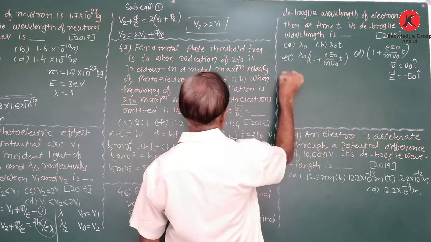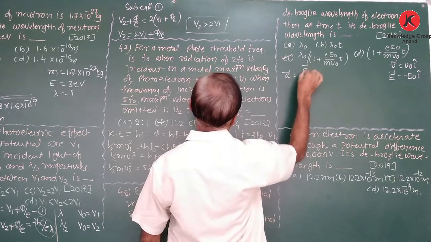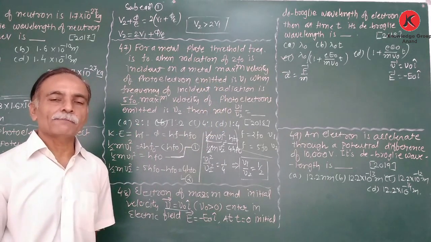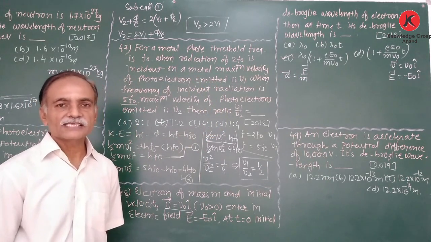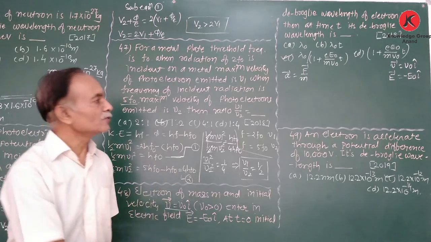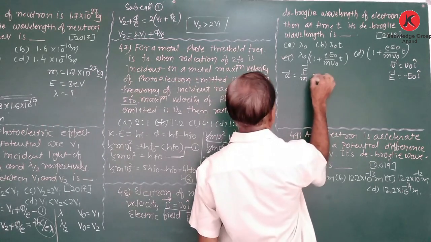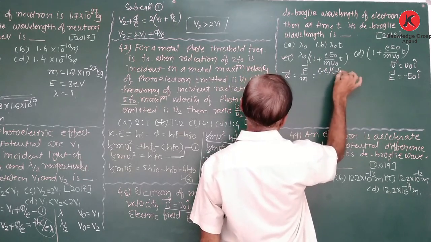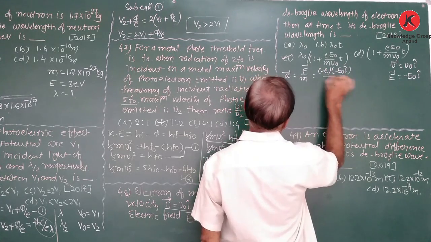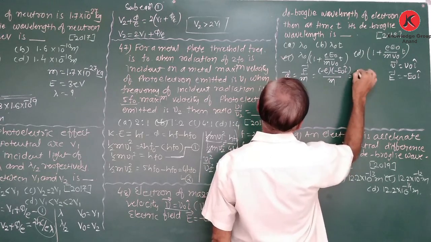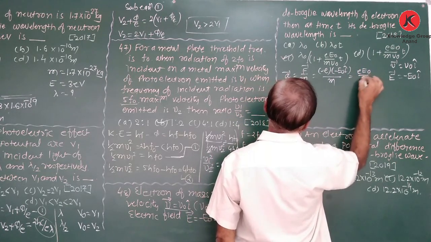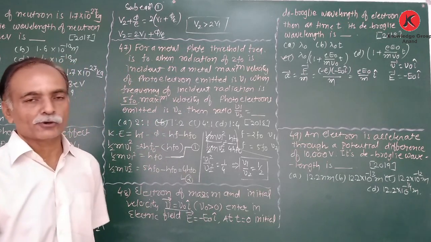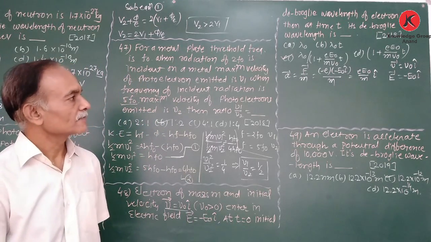Therefore, acceleration is F upon m. In a uniform electric field, the force acting on an electron is equal to charge into electric field. Here the charge of an electron is -e and the electric field is -E0 i. Therefore, e E0 upon m into i. That is the acceleration of an electron in the electric field.